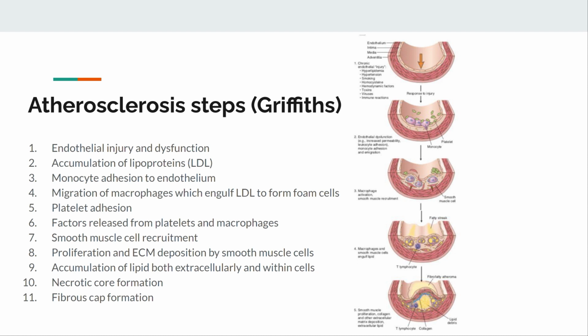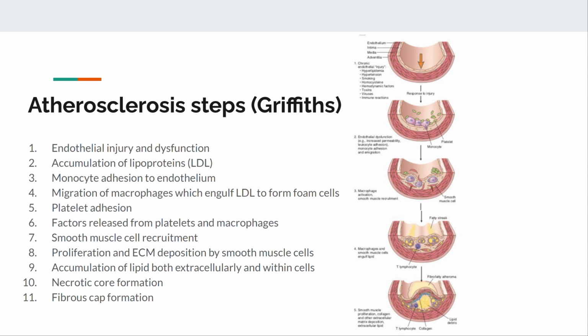You then get migration of macrophages to the site, and they start to engulf the LDLs, and they form something called foam cells, which is essentially a fatty macrophage. You then get platelets that adhere to the damaged site, and you start getting factors released from the platelets and macrophages, and these factors recruit smooth muscle cells, and you get proliferation and extracellular matrix deposition by these smooth muscle cells.